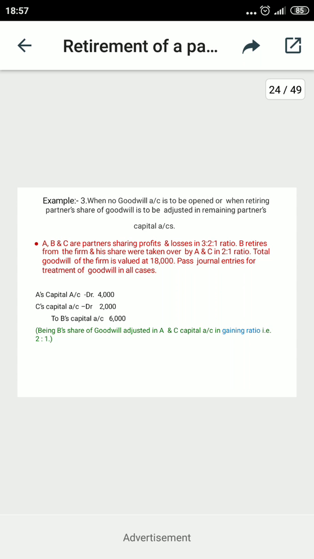What does it mean? The share of the outgoing partner is distributed among the remaining partners in their gaining ratio. All three methods give the same result. The third method is generally applied in all cases, but you should know about all the methods. Thank you.